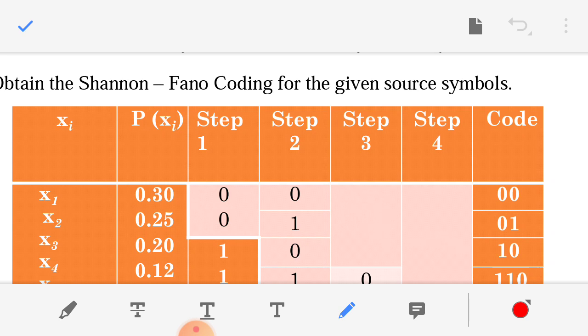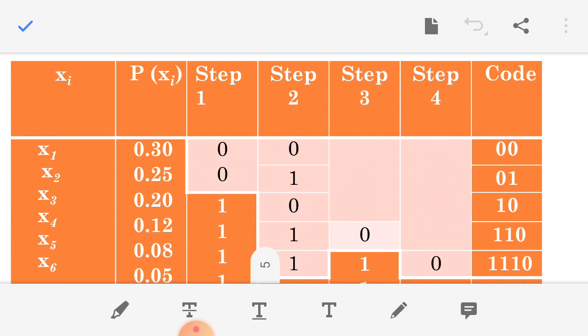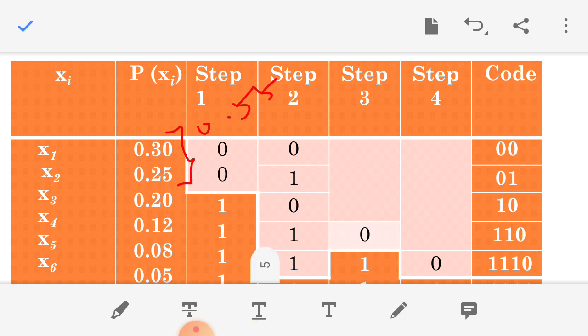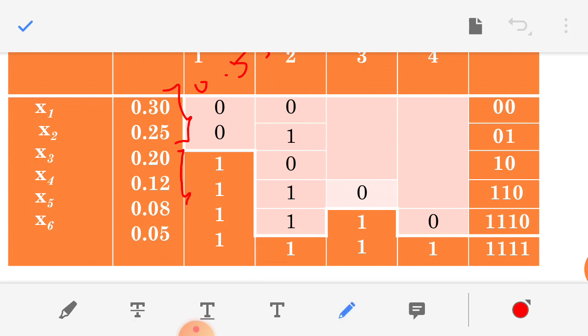Then in step 1, we divide the probabilities into two equal groups: 0.30 plus 0.25 equal to 0.55. At the same time, the lower group is also 0.55.